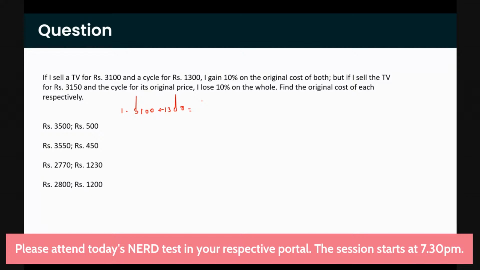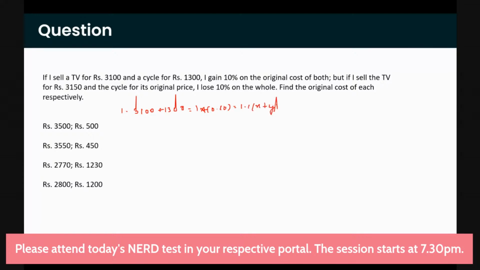The fixed percent is 1. If we have an increase, we multiply it by the given gain percentage. If we have a loss, out of 1 we reduce it, right? So out of 1 into 10%, 10% can be written as 0.10, which gives 1.1 into x plus y.